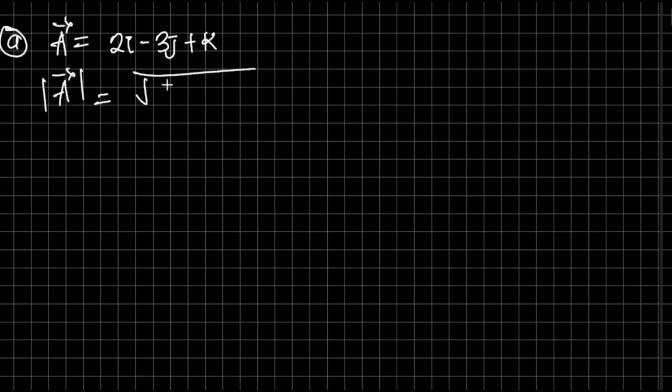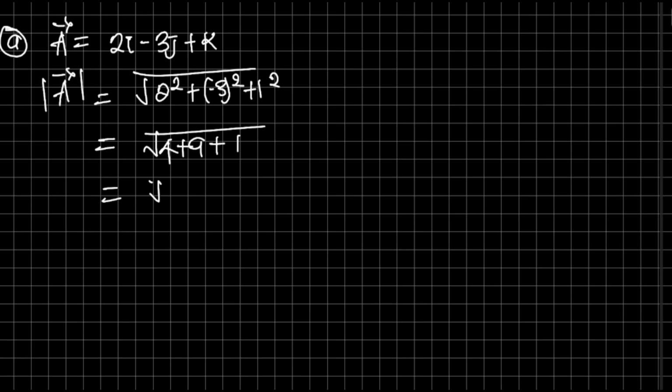So let's say for A, let vector A equal 2i minus 3j plus k. So the modulus of A will be equal to the square root of 2 squared plus (minus 3) squared plus 1 squared, which is the square root of 4 plus 9 plus 1, which is the square root of 14.